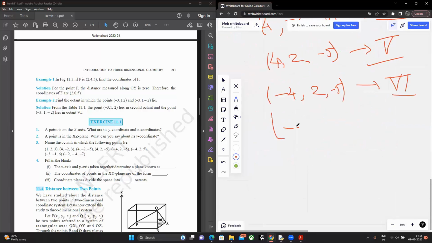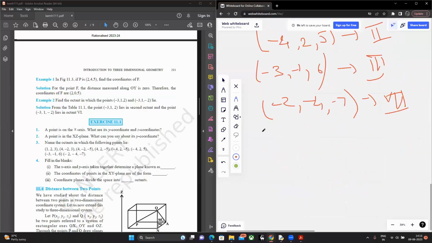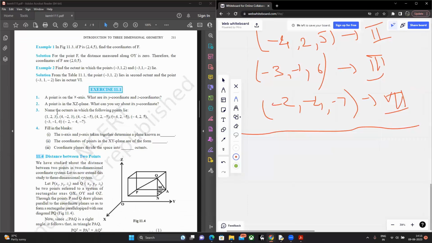Then you have minus 4, 2, 5. That is going to be octant 2. Then you have minus 3, minus 1, 6. That is going to be octant 3. And then you have minus 2, minus 4, minus 7. That is going to be octant number 7. These are the octants in which the following points lie.